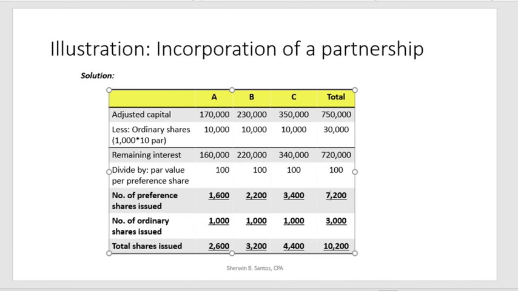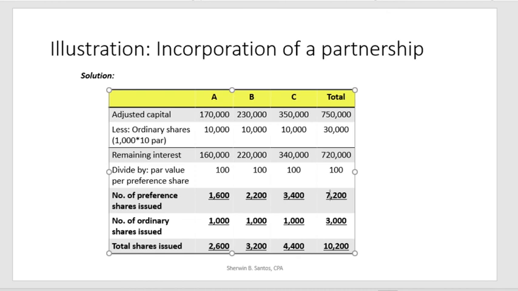Okay. I want you to take note that for illustration purposes, ay merong tatlong incorporators lang dito. Hindi na natin in-specify yung other incorporators because under Section 1 of the Corporation Code, ini-specify doon that the number of incorporators shall not be less than 5 but not more than 15.